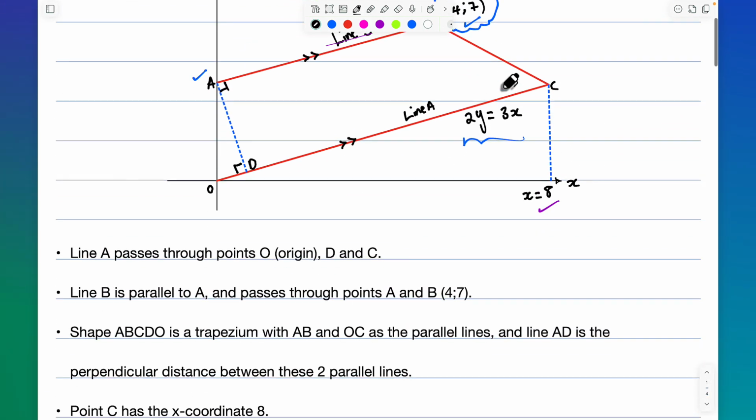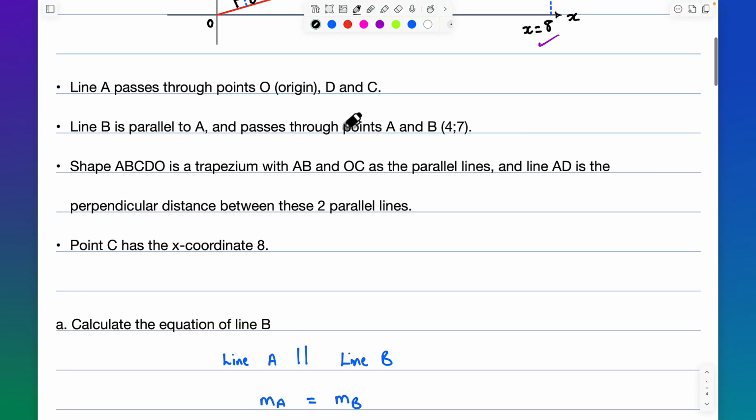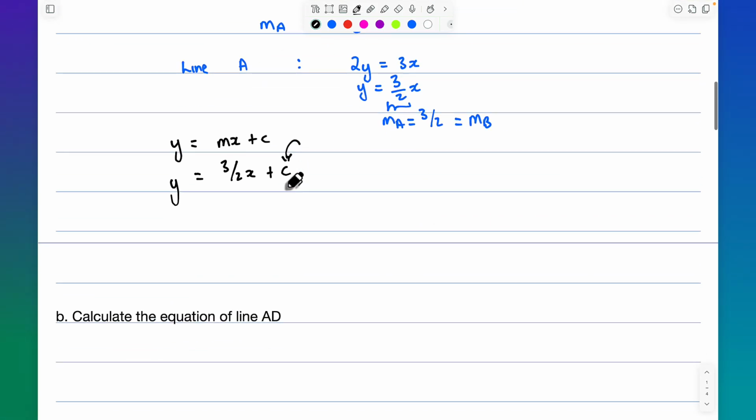So what I mean is the equation now becomes y is equal to 3 over 2x plus c. In order for us to find c, we're going to take a point that we know, which is 4 and 7. So when x is equal to 4 and y is equal to 7, we can now calculate for c, right?